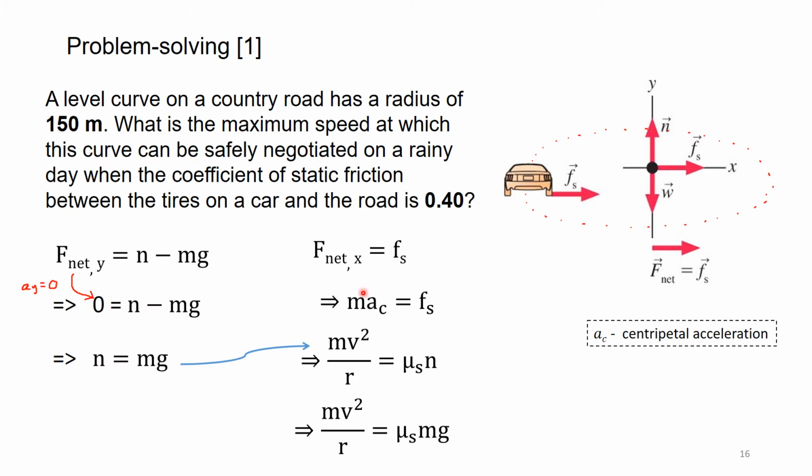So this friction is the centripetal force. We are going to replace the net force with centripetal force, because remember, centripetal force really is a net force that points to a center.